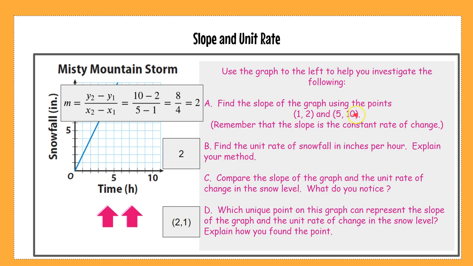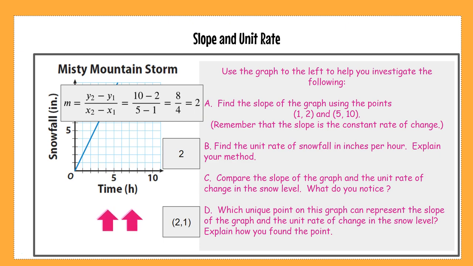My y2 is 10 minus my y1 which is 2, over my x2, or my x from the second point, 5, minus x1, which is 1. Then I'm going to solve that. 10 minus 2 is 8. 5 minus 1 is 4. 8 over 4 is 2. So my slope is, you guessed it, 2.